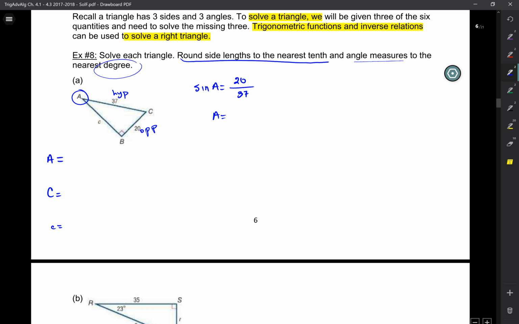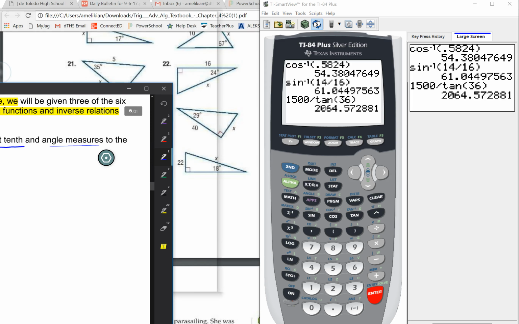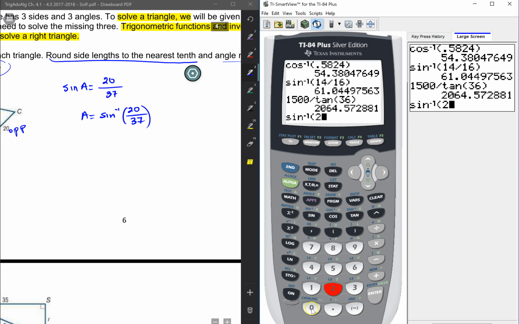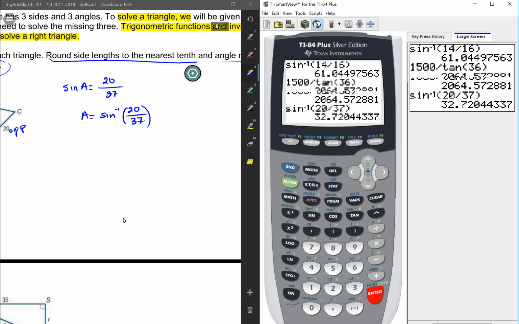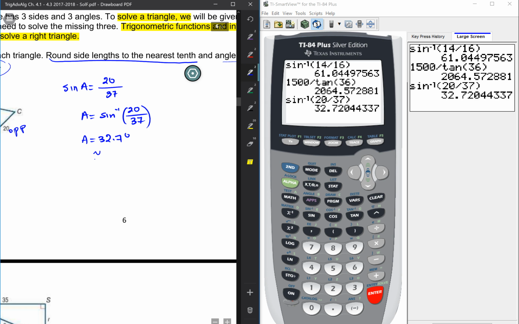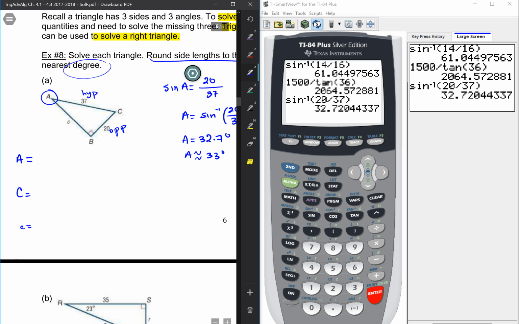So A is inverse sine 20 over 37. And that will be how much? It is 32.7, but I was told to round to the nearest degree, so that's about 33 degrees. So for A, I'm going to write 33 degrees.